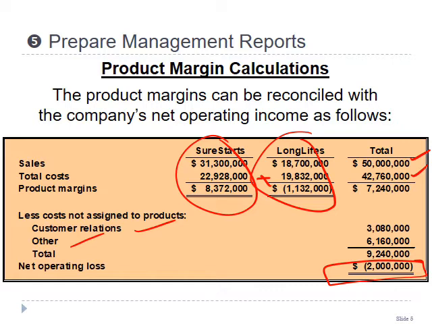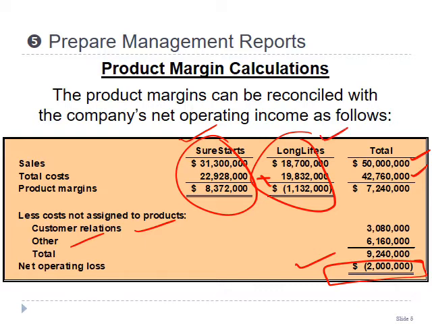So in the overall business scenario, on the income statement, the net operating loss is 2 million, but by management reports we can easily find out that Sure Start is giving us a profit of $8.72 million, right?